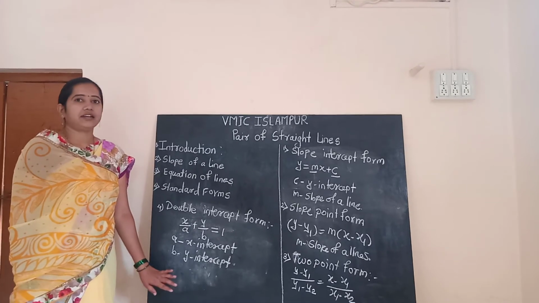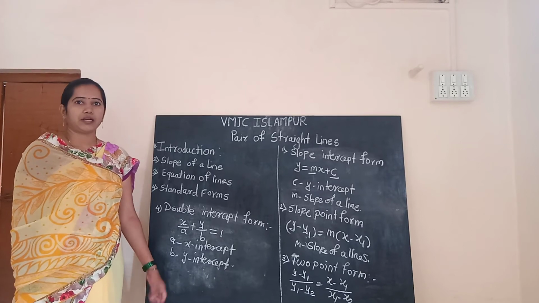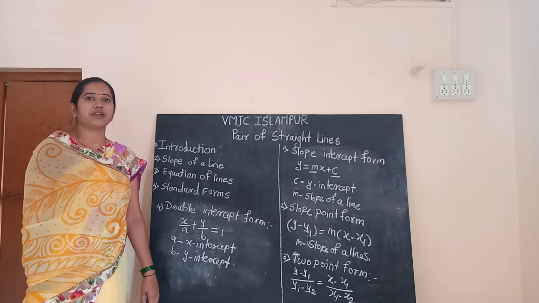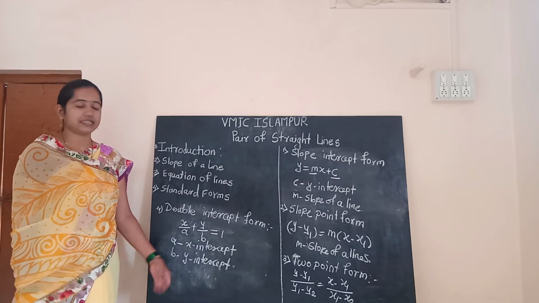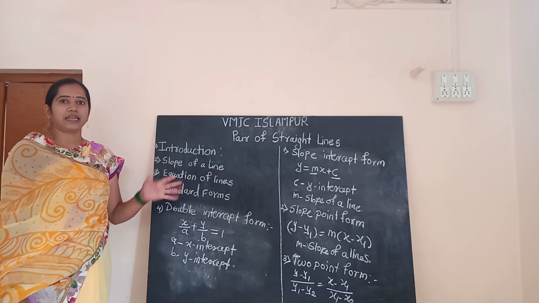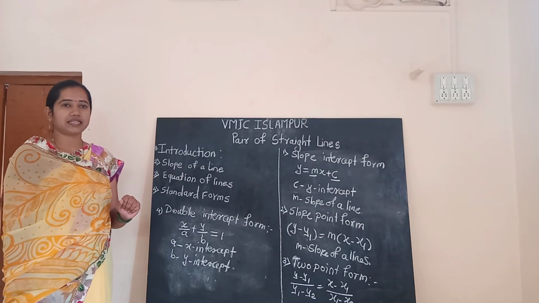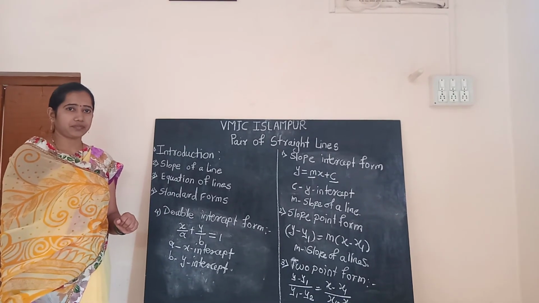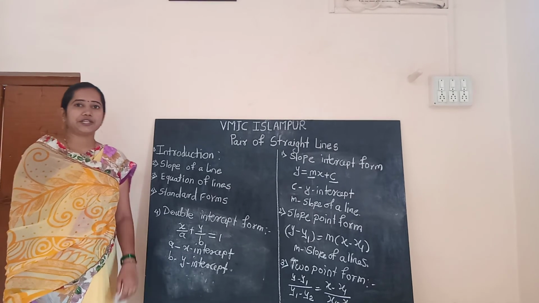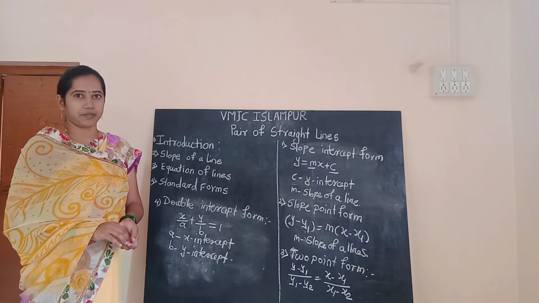These are the standard forms. Suppose two lines are parallel to each other, then their slopes are the same. Suppose two or many lines are parallel to each other, then the slopes of these lines are the same, because the inclination of these lines is the same.